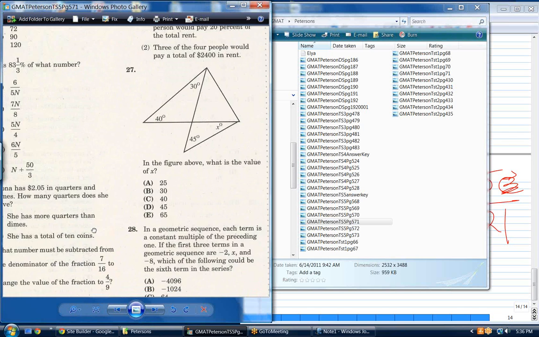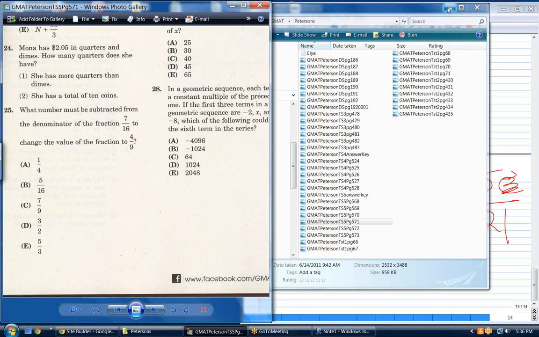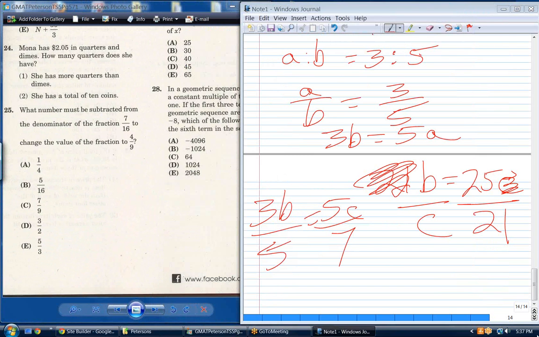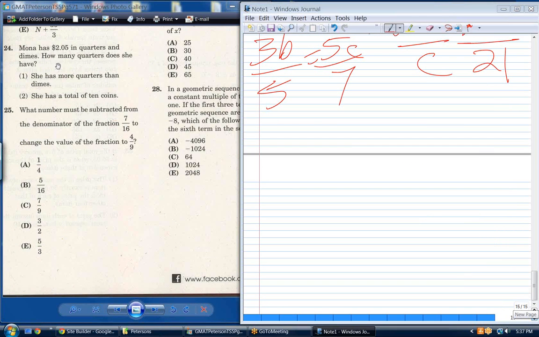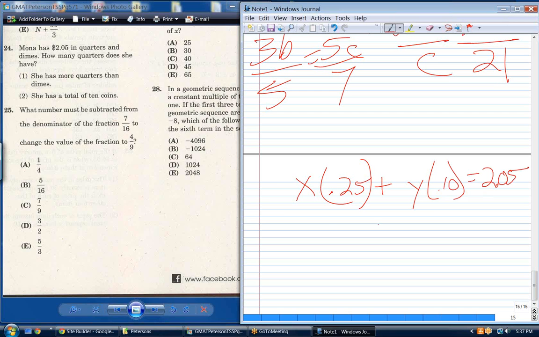Let's talk about that briefly, too. These are easy problems to miss. And the reason is because if we treat this as a continuous function, in other words, if we said the number of quarters is X times 25 cents plus the number of dimes, let's call Y, times 10 cents is equal to 205, if we view that as a continuous function, then neither one of these tells us the answer.